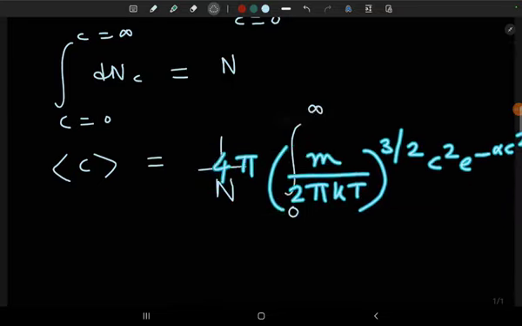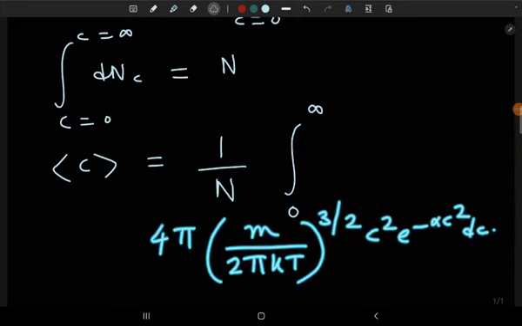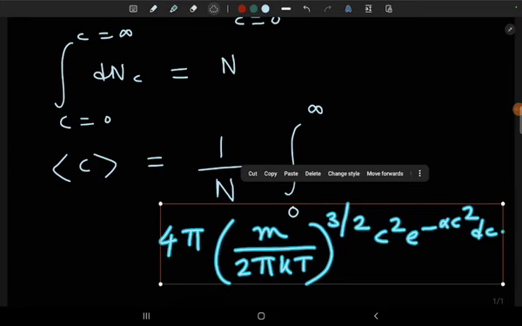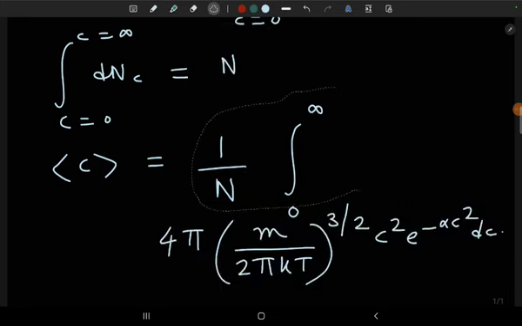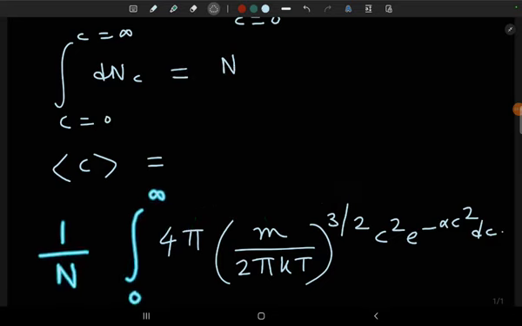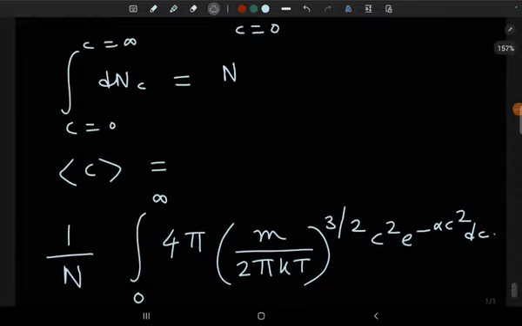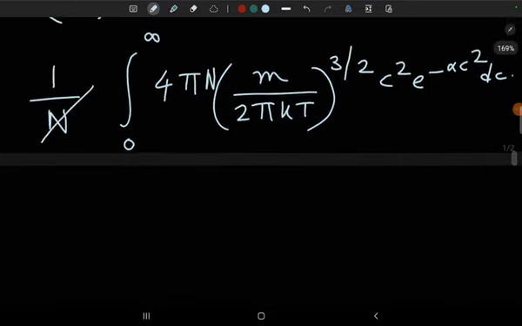There will be a 4 pi N here, and we can cancel out the N's and take out the constants.